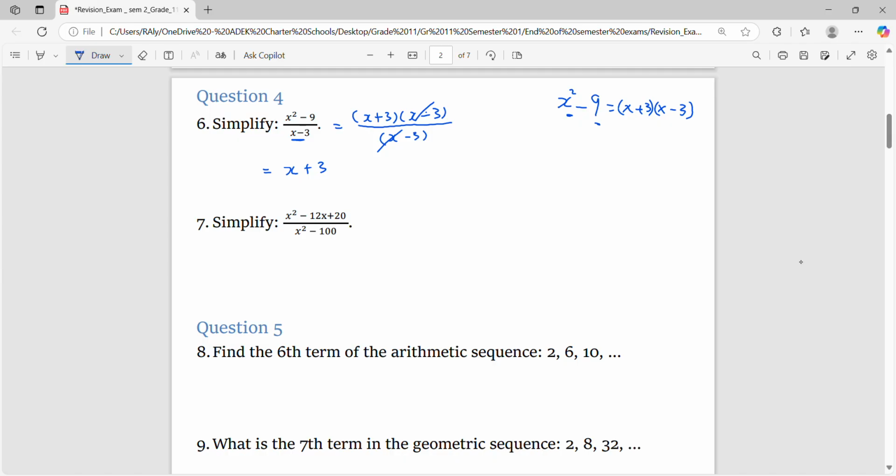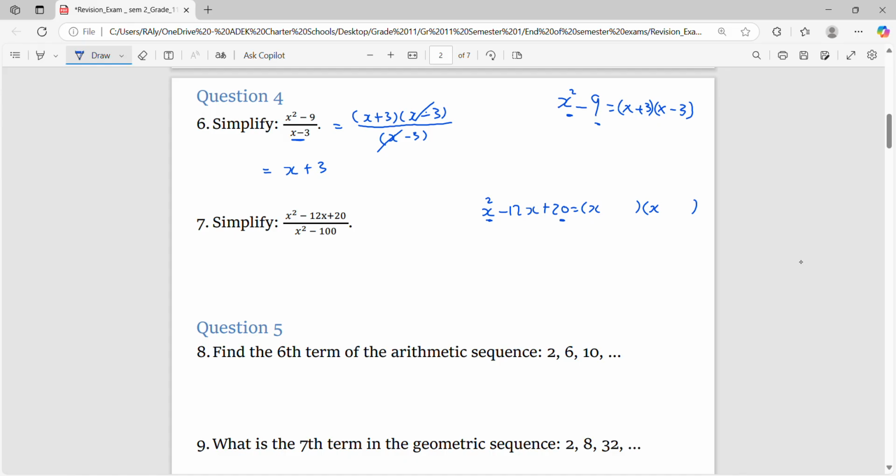This is a quadratic trinomial. I want you to remind yourselves of the method for factorizing this expression, x squared minus 12x plus 20. Open two brackets: x squared is x times x, as we all know, and 20.